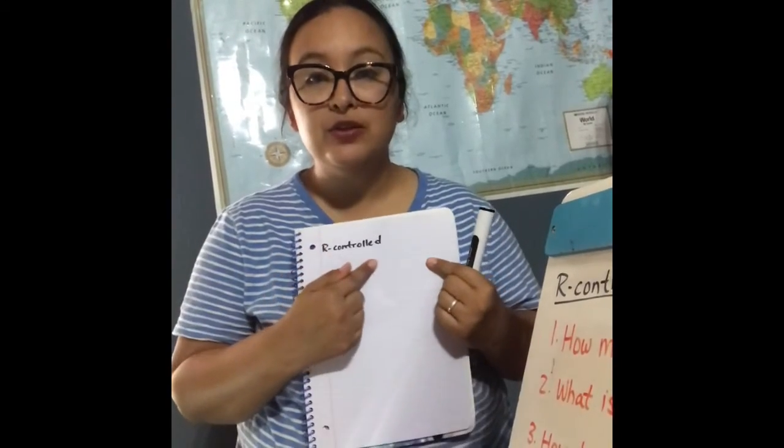And so I'm going to need you, in your writing journal, to title it R Controlled. And you're going to rewrite the word that you created with your card and your fork. And I want you to write how many phonemes you heard.